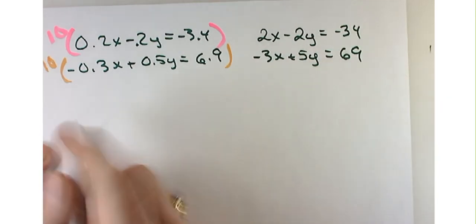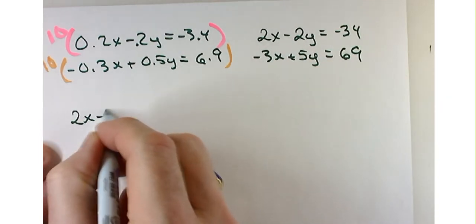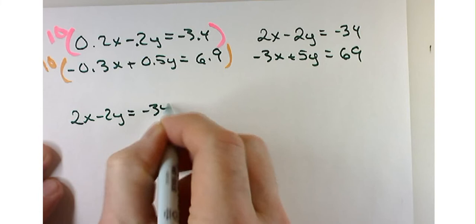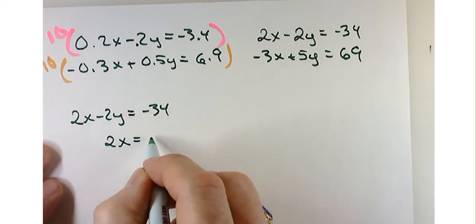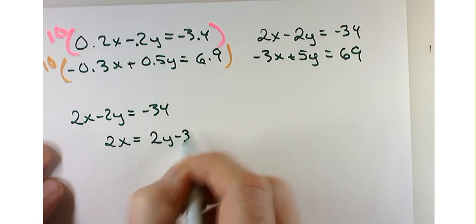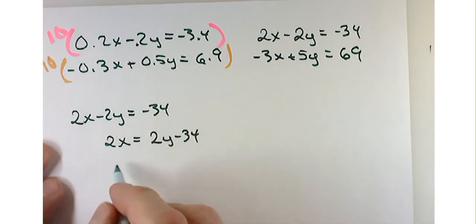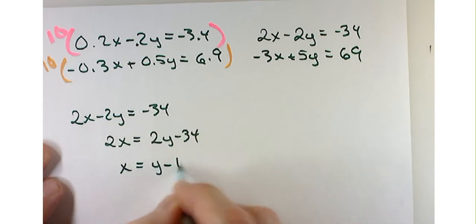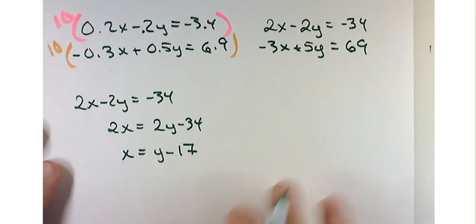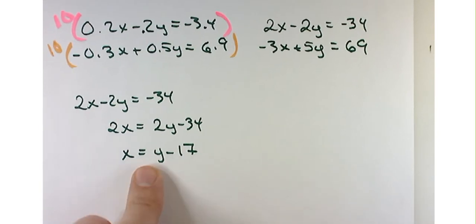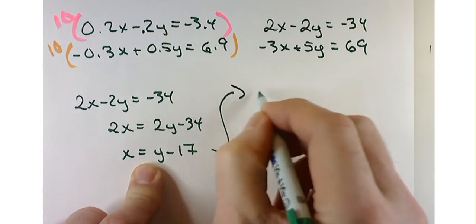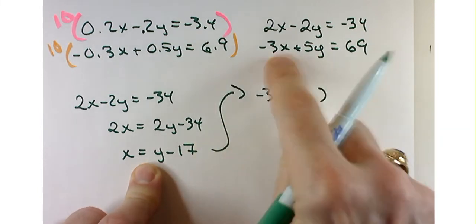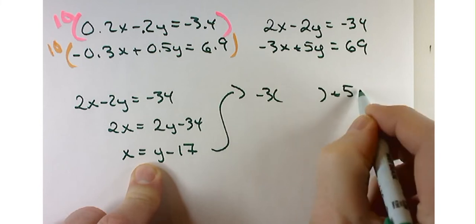So I'll take this equation and solve it for x. 2x equals 2y minus 34, just moving this to the other side. Then I get x equals y minus 17. I'm going to plug that into this expression and solve for y.